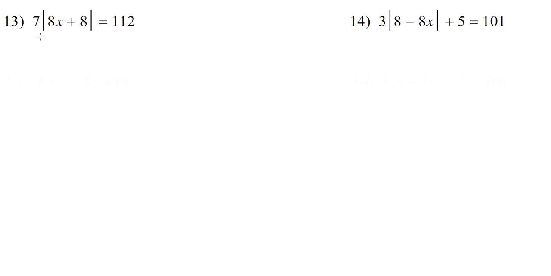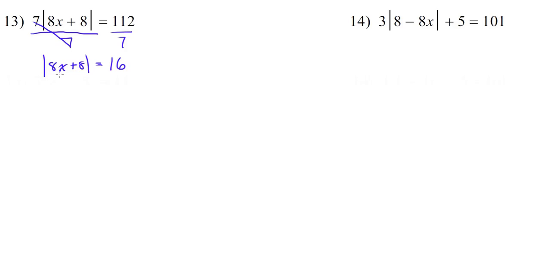So what we're going to do is we're going to divide both sides of this equation by 7. On the left, these 7s are going to cancel out, leaving us with the absolute value of 8x plus 8. And on the right, 112 divided by 7 is 16. So now our absolute value is isolated. Now we can solve the equation.